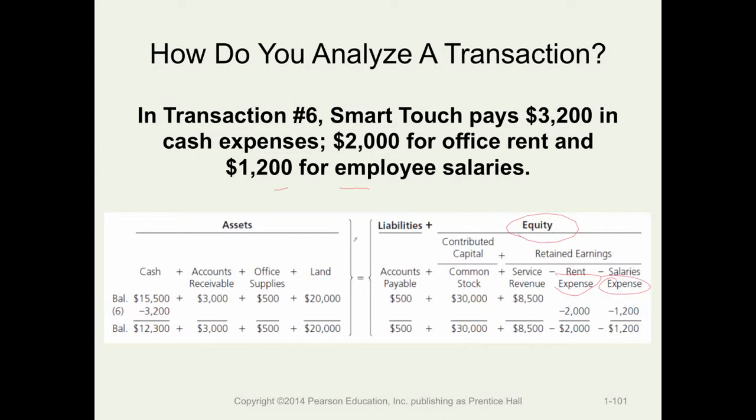They are asset outflows or increases in liabilities. In this case, the asset outflow is cash. So again, by definition, an expense is a reduction of equity or an asset outflow, in this case from normal operations.